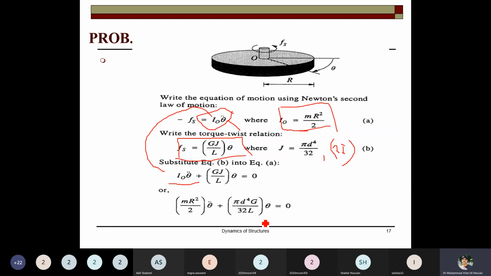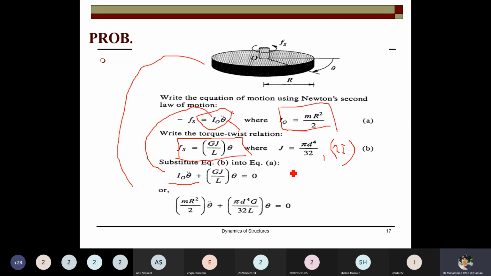Or you can put down the values. For this disk which is subjected to rotation at the base, or rotation of the disk without any force, you can say that it is equal to mr square over 2 into theta double dot plus pi d4 G over 32L into theta. Putting down all the values, you can write the equation in this form.